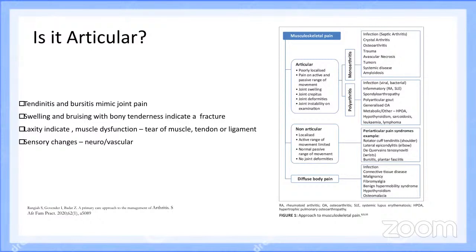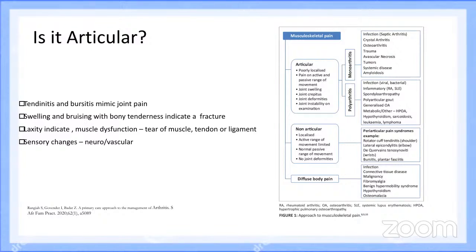Generally the first question that you need to ask when a patient presents with any sort of joint pain is to find out if it is articular in the first place, because not all patients who present with what appears to be joint pain actually have articular pain.